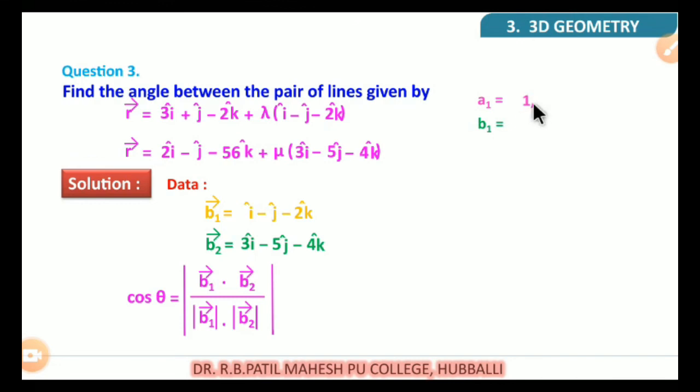Let us write down the values of a1, b1, c1 and a2, b2, c2. Here a1 is equal to 1, b1 is equal to minus 1, c1 is equal to minus 2 and similarly a2 is equal to 3, b2 is equal to minus 5 and c2 is equal to minus 4.